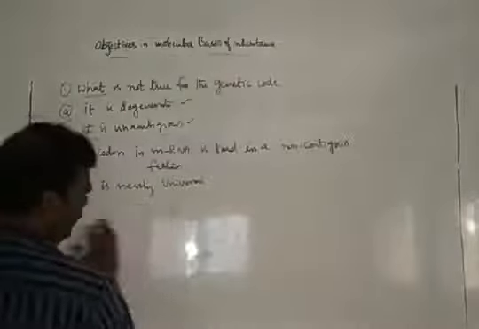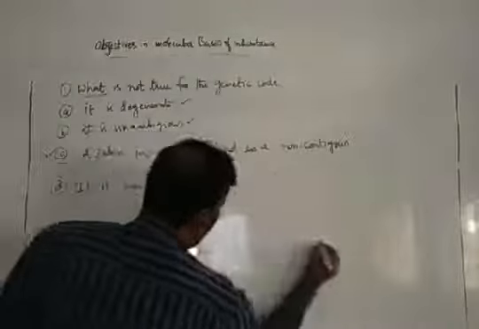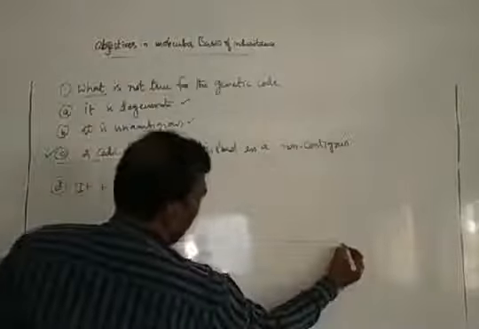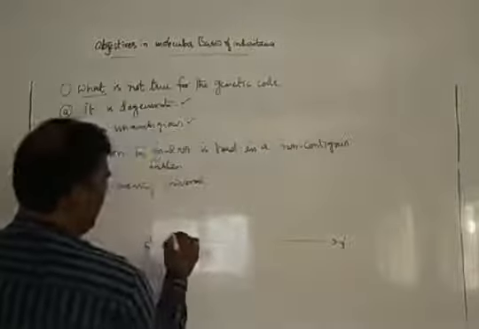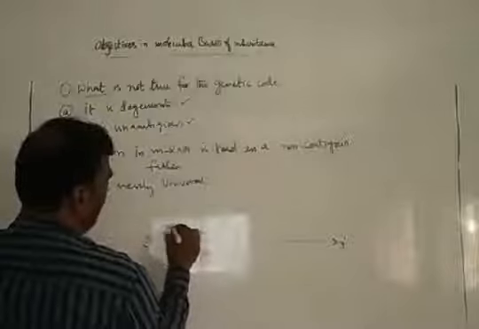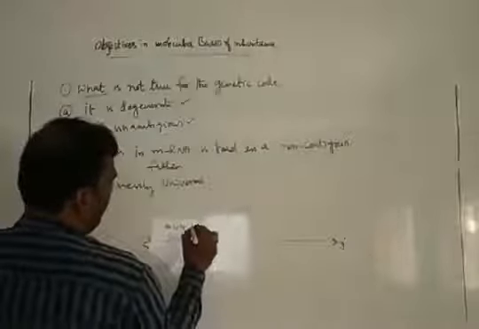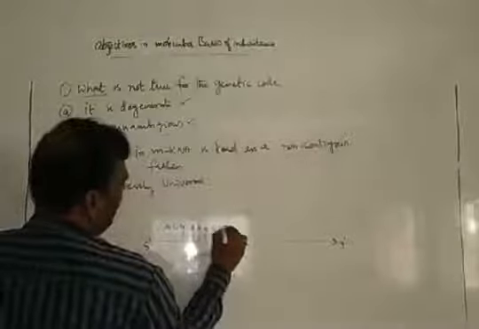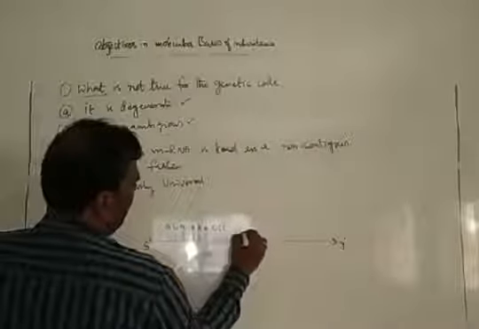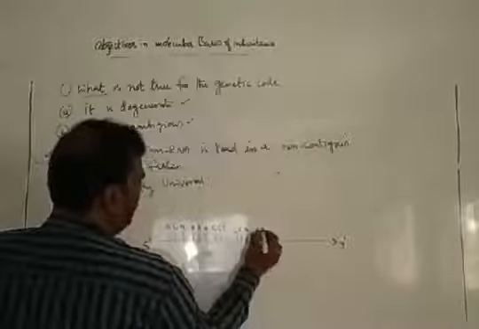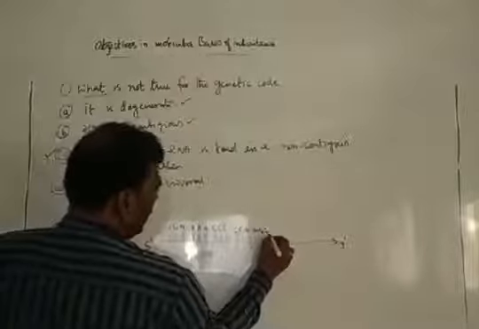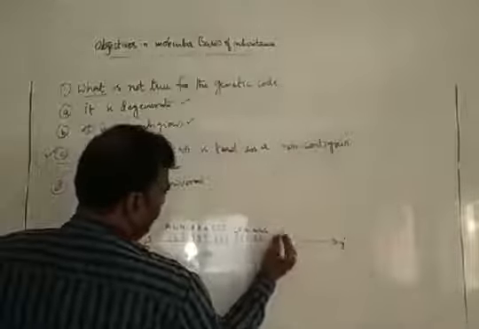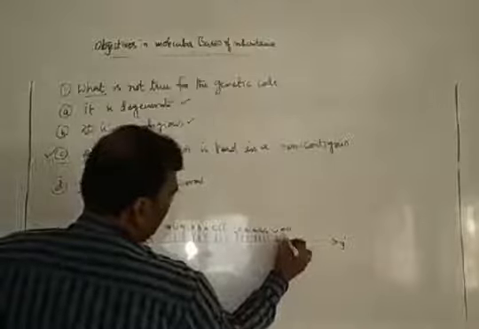Actually the mRNA is like this, in the 5' to 3' direction. The codons are arranged like this. The first codon is AUG, the second codon AAA, next codon CCC, next codon CCA, next codon GGG, and the last codon UAG.